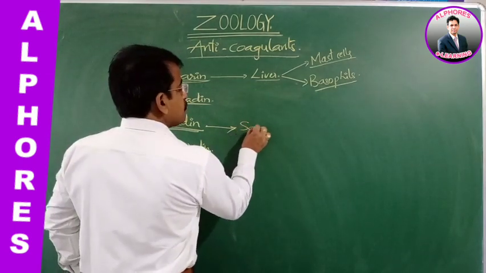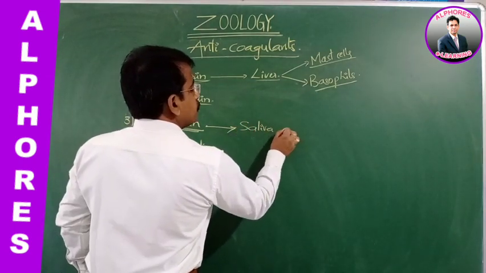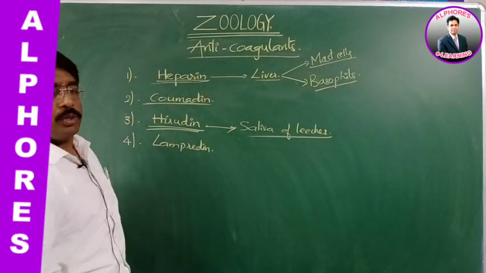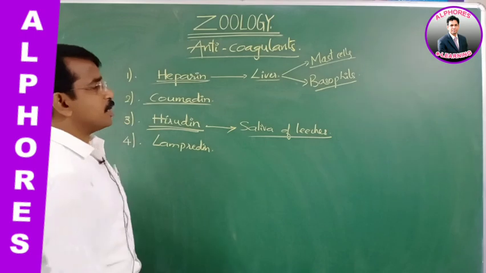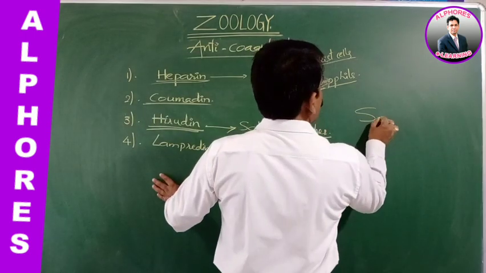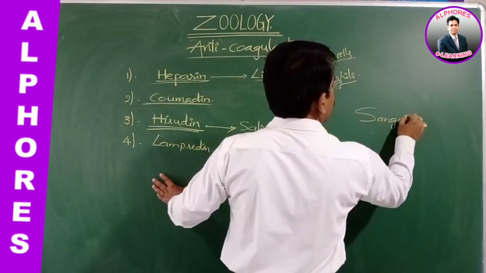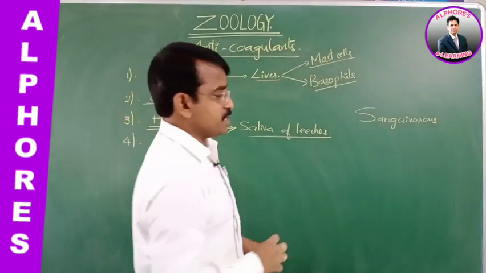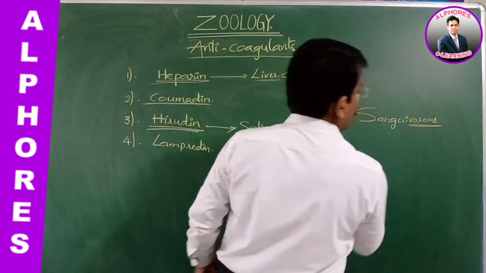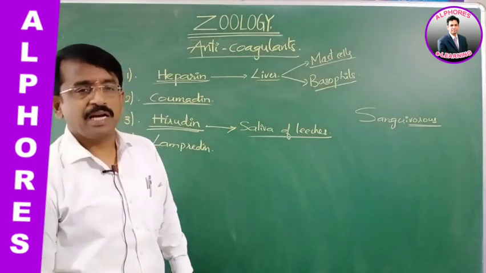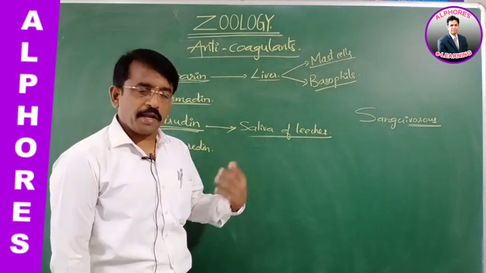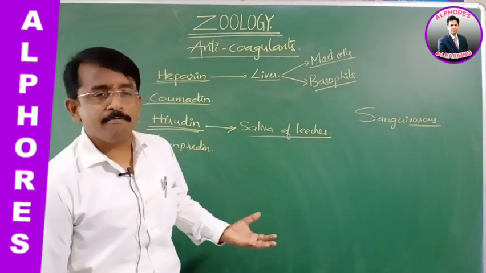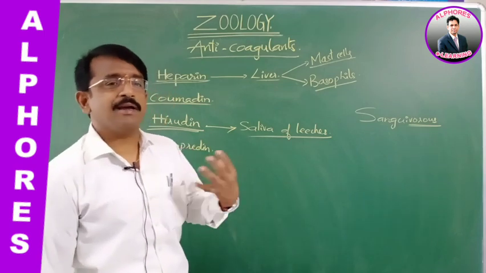Hirudin is present in the saliva of leeches. Basically, what do we know regarding leeches? Leeches are said to be sanguivorous animals. Vorous means taking. Sanguivorous, larvivorous, frugivorous, granivorous, likewise we say.